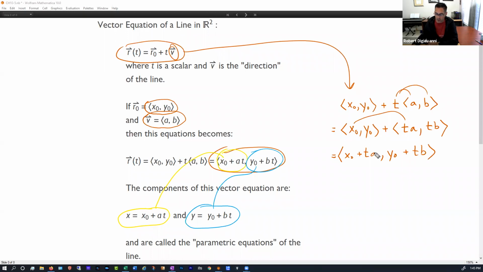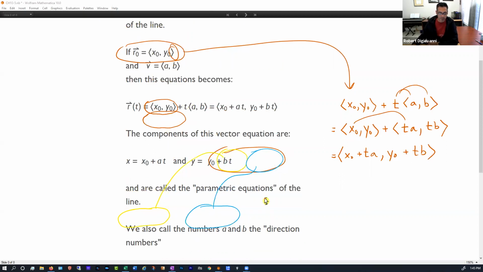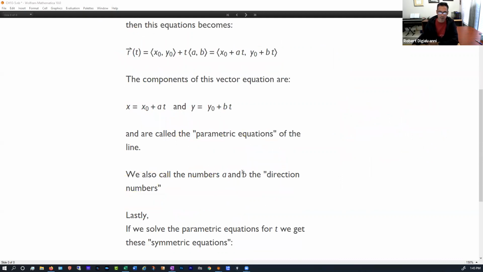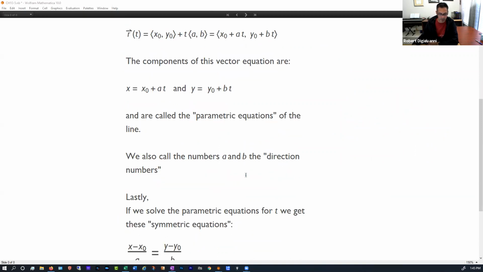If you isolate your attention to the x component, that's called the parametric equation for x. And if you isolate the y component, that's the parametric equation for y. Further, the a and b in the direction vector are called the direction numbers.